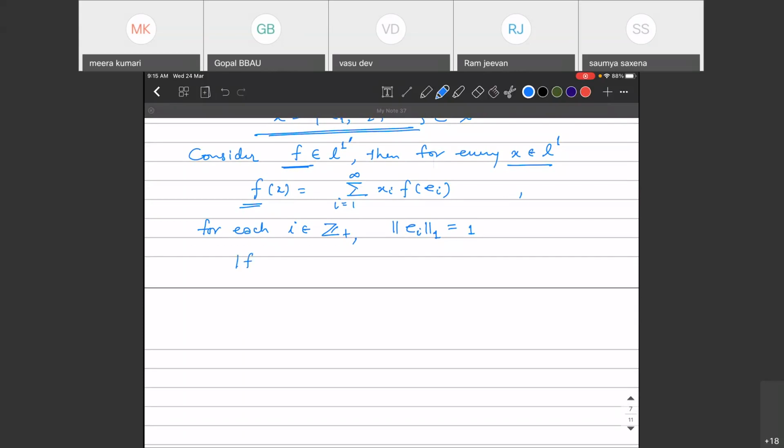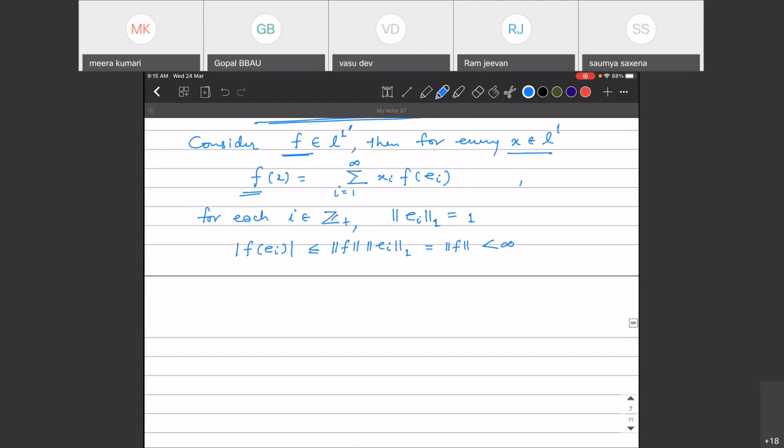So let's see what is f of e_i. By the definition of a bounded linear functional, this is less than or equal to norm f times norm e_i. But you know the norm of e_i is 1, so this is norm f, and you know f is bounded, so this is fine, correct?